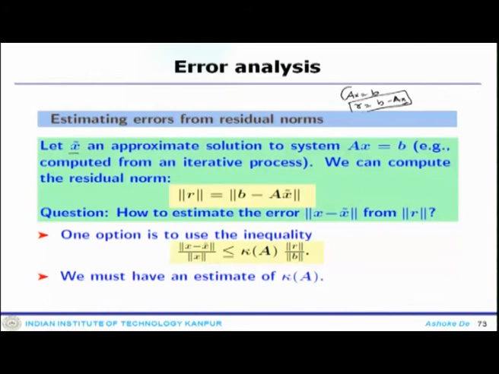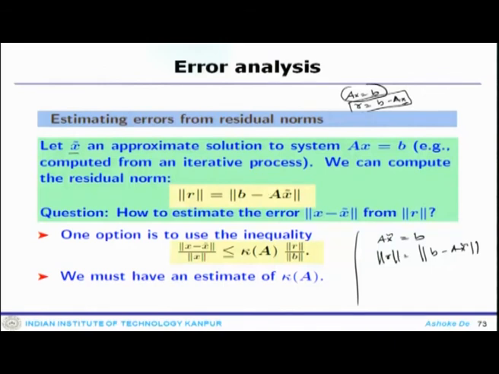What we are trying to find is A x equals b, and x would be the exact solution. So, let us assume x prime is the approximate solution. Then we can compute the norm of the residual, which would be the norm of b minus A x prime.